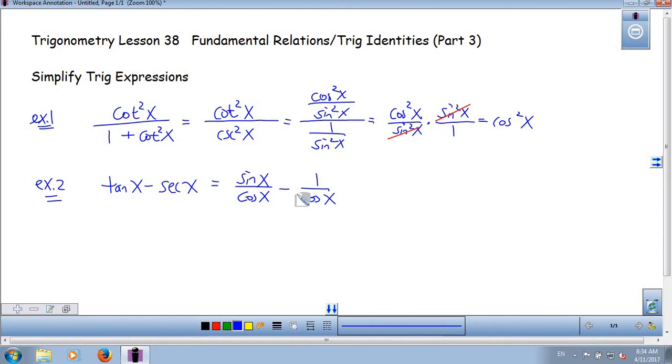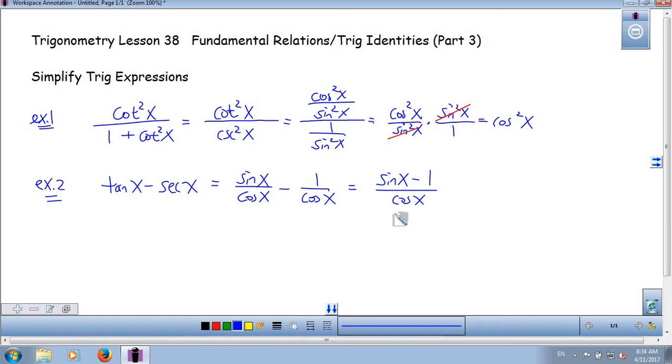Now you have two expressions that both have cosine as the denominator. So this becomes sine x minus 1 over cosine x. This is one way to combine the expressions into one fraction.